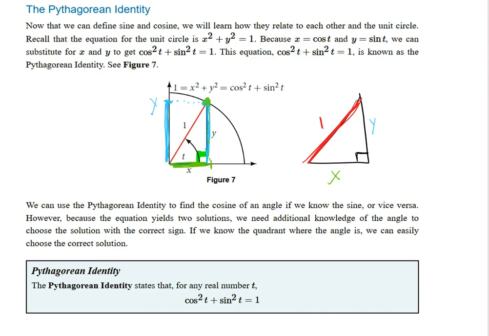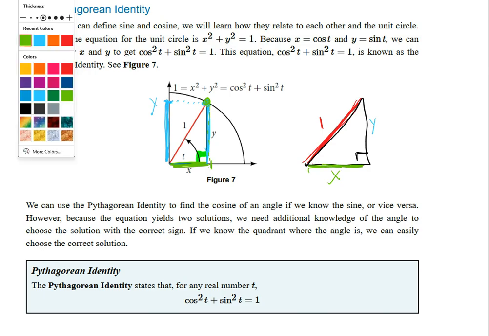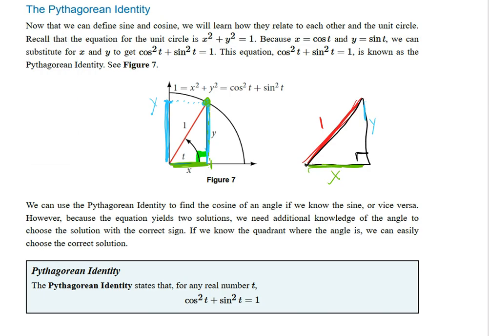So let me get all these colors on here. Okay, and then I need a blue. According to the Pythagorean theorem, a squared plus b squared equals c squared.